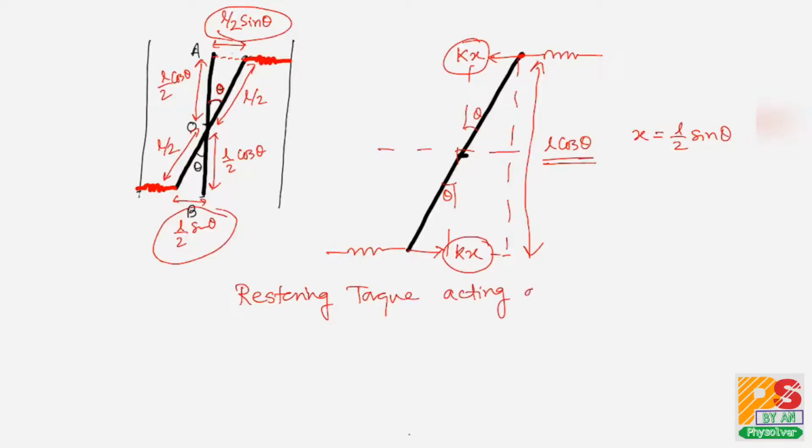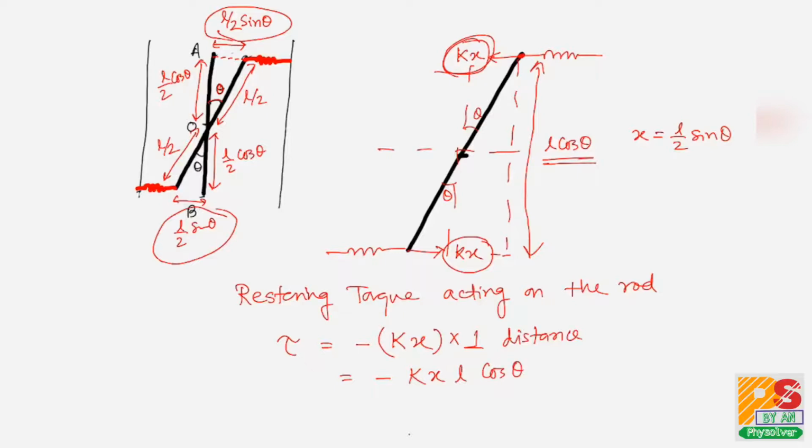Therefore the restoring torque acting on the rod will be minus, take any one force, Kx, into perpendicular distance. Perpendicular distance between these two lines is L cos theta. So minus Kx L cos theta. Here many students ask why a negative sign is there.